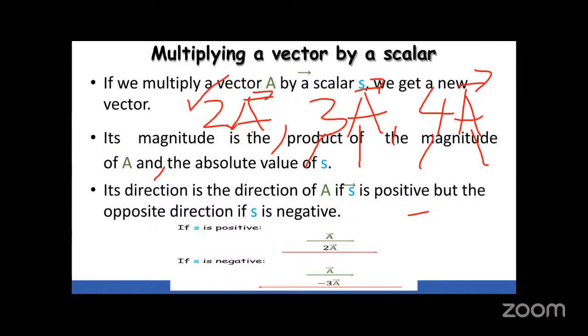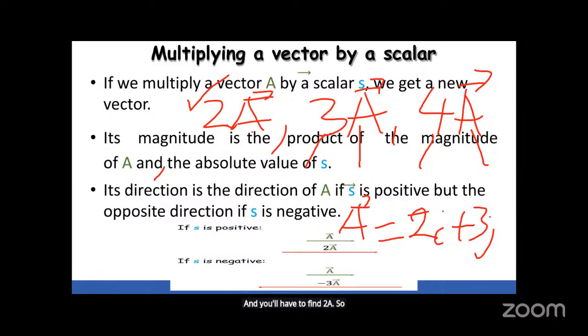For instance, if we are given a vector A equal to, let's say, a 2D vector, 2I plus 3J, and you are asked to find 2A, that will be 4I plus 6J.